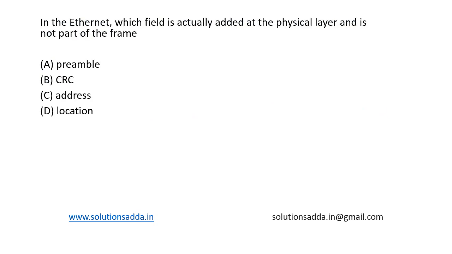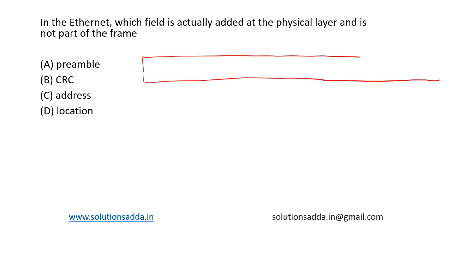This is a question from computer networks. In the Ethernet, which field is actually added at the physical layer and is not part of the frame? Preamble, CRC, address, location. So if we look into the Ethernet frame, we can see the following fields. First one is preamble. Next one is SFD.